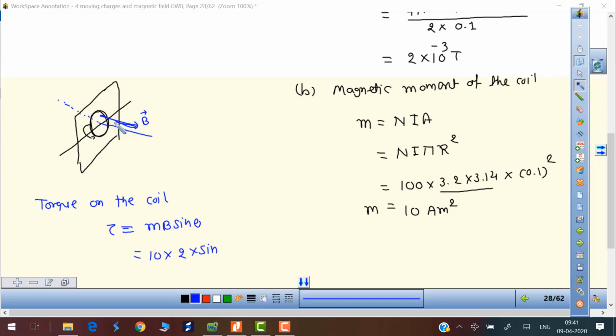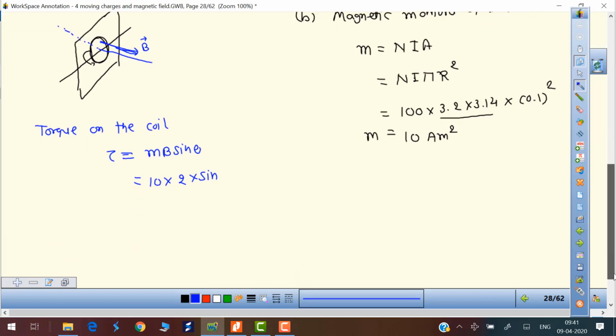So this is the coil and this is the B, and theta between area vector, magnetic moment and B, that is 0. So sine 0. So torque is not acting at all in the first case. Okay, initially.